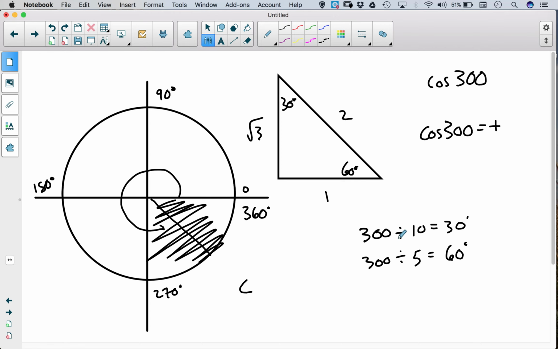When you have an option that is divisible by both, we choose the larger angle. So we choose the 60-degree angle in this case here. So we're going to cancel this one out, and we'll say that the 60-degree angle is what we're interested in. So we go to our special triangle, and we say, well, the adjacent to this 60 degrees is 1, and the hypotenuse here is going to be 2. So the cos of 300 is equal to plus 1/2.